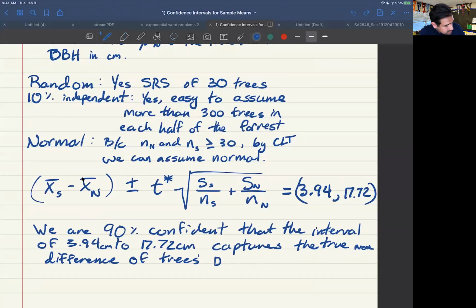Let's rewrite that better. We're confident that the interval captures the true mean difference of south and north, southern and northern trees' DBH in centimeters.